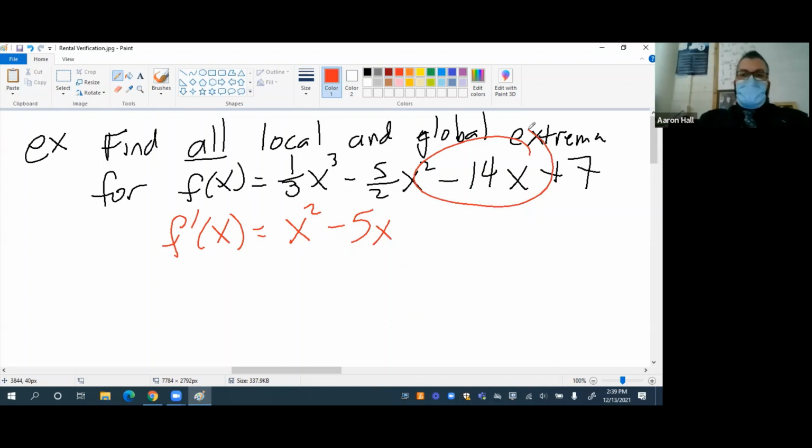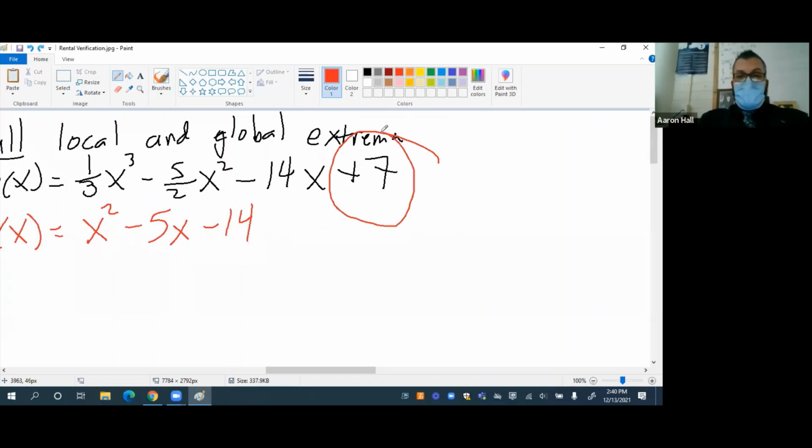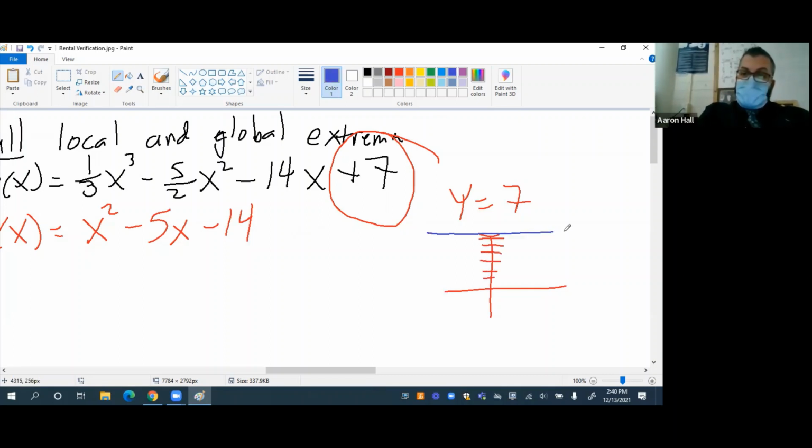And then Emma, what does that become? Is that just -14? Correct, -14. And then Emma, this one? It has no value. It does have a slope. So if I just look at this piece and consider that my function is y equals 7, a graph that looks like a horizontal line, what's the slope? 0.